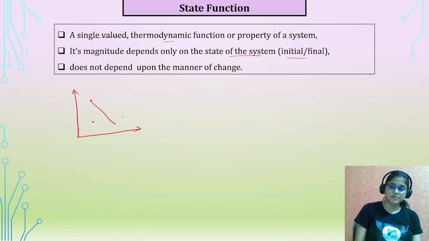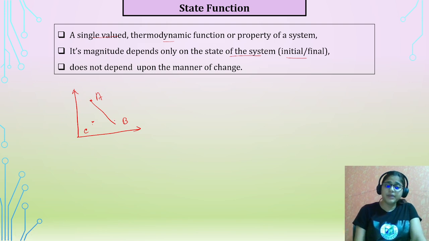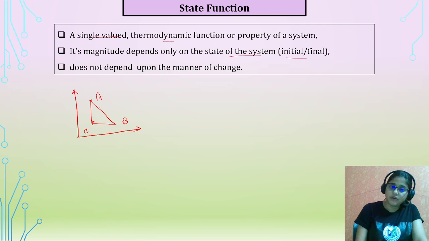Let's say this one is B, this is A, this is C. So for a process, the path changes first from A to B and then B to C. One process is going on from A to B, B to C.